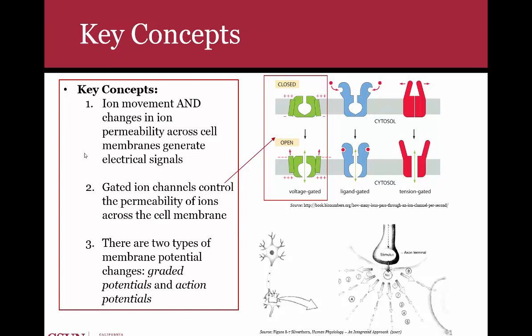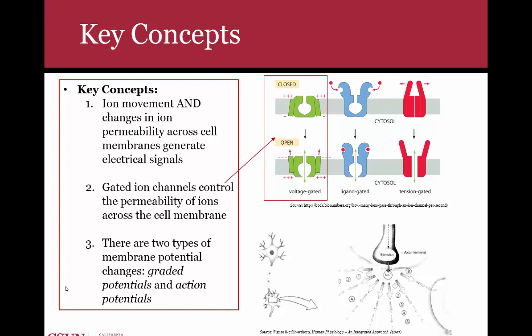The last one is that there are two types of membrane potential changes, and they are called graded potentials and action potentials. Graded are just another way of saying that they are voltage changes that don't meet a certain threshold to keep on moving. So you're going to find that these are voltages that will decay over a distance and not really result in anything.